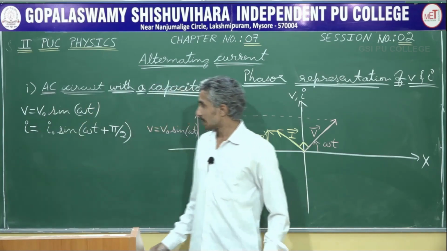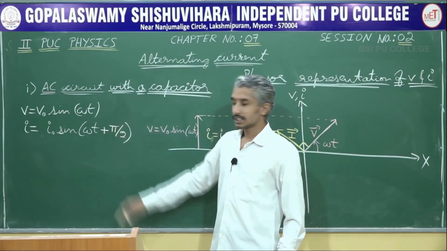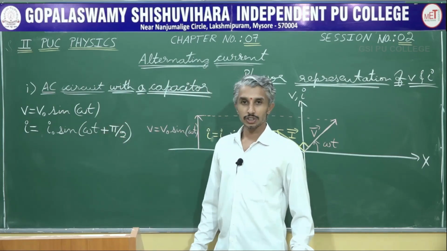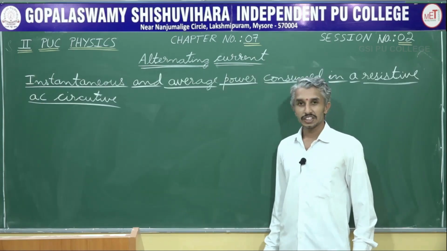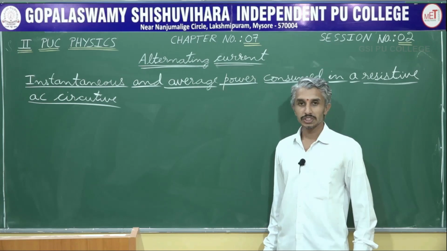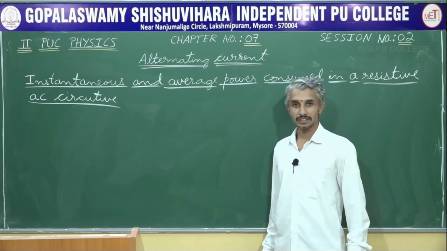Next, similarly, using the formula of voltage and current, let us see what is the power consumed in an AC circuit. Now, let us derive the instantaneous and the average power consumed in an AC circuit containing only a resistor.